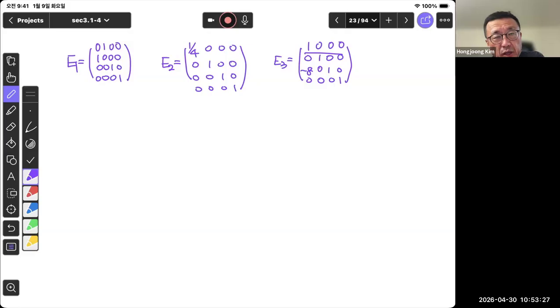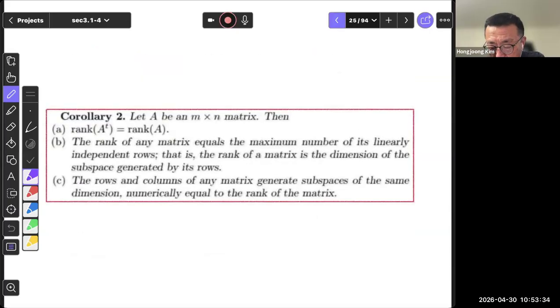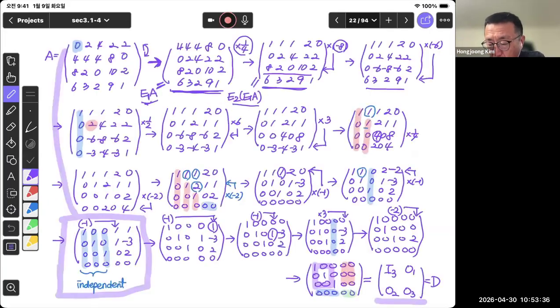So this E3 will be the corresponding elementary matrix. So the fourth matrix is E3 times the third matrix. The third one is E2 times E1 times A. So if you multiply these, you get this matrix.